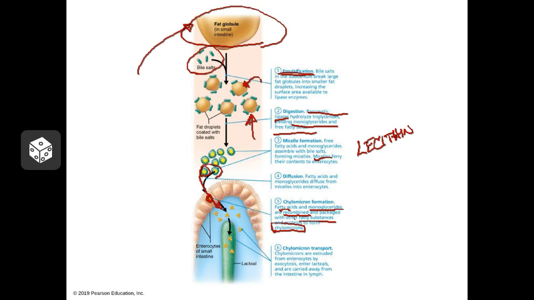And it is the chylomicron then that leaves the enterocyte and goes into the interstitial fluid. From there, they will go into the lacteals. And the lacteals empty into lymphatic vessels that will take the fats back to the bloodstream by the lymphatic ducts emptying into the subclavian veins.